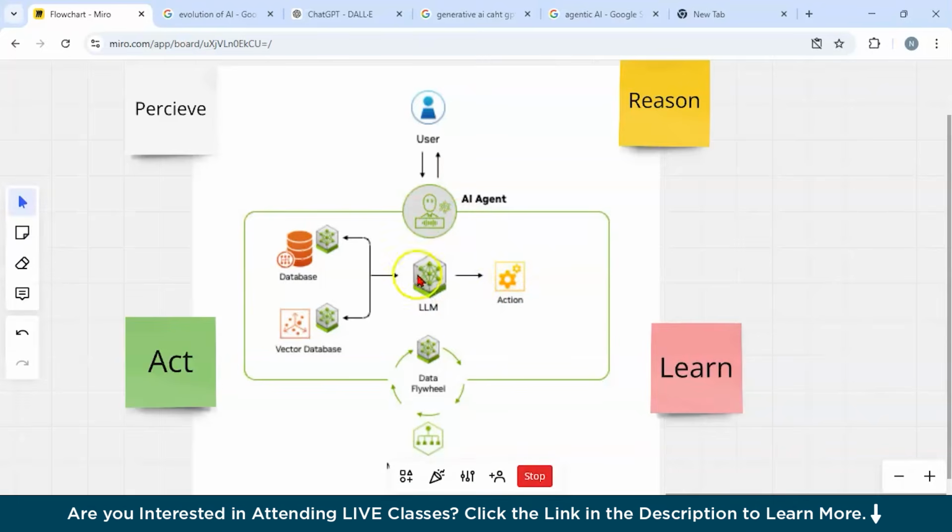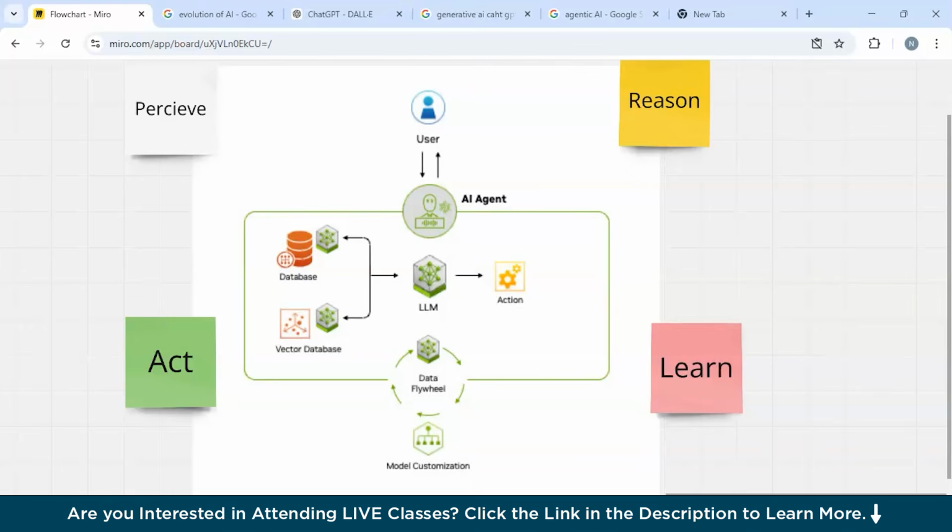Now, the next thing you can see is the LLM. LLMs are large language models, which are advanced AI models trained on massive amounts of text data to understand, generate, and reason over natural language. This LLM acts as the reasoning engine here, interpreting the user inputs and making informed decisions. It also retrieves relevant data from the databases and generates responses.